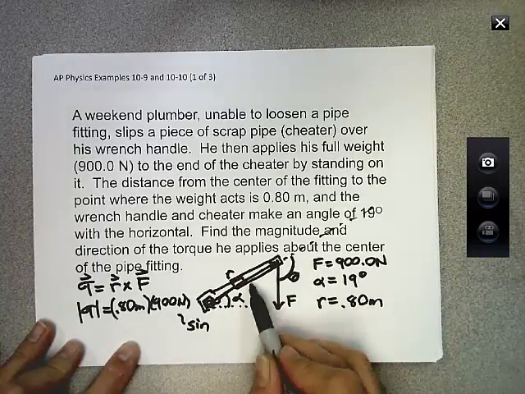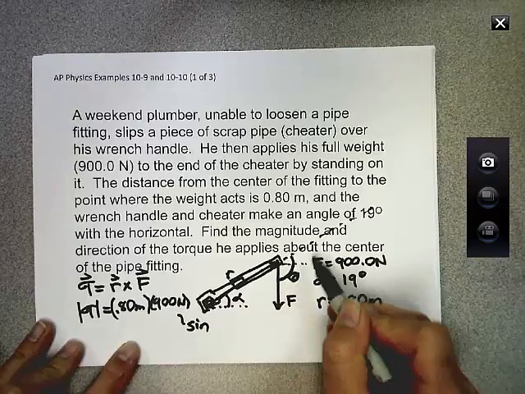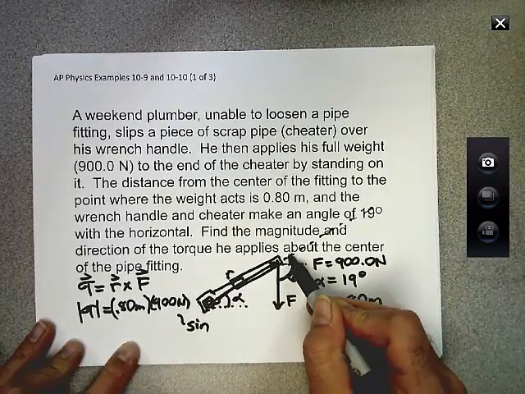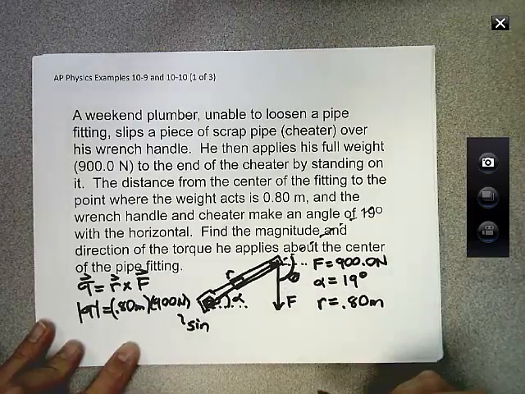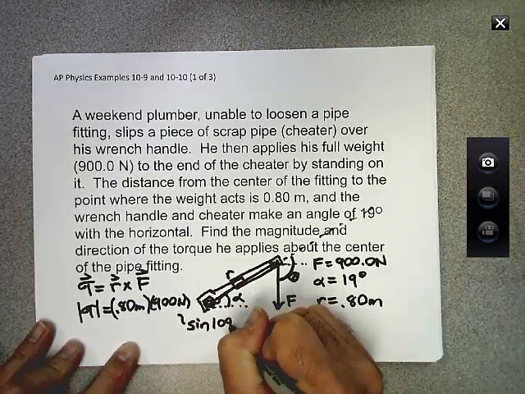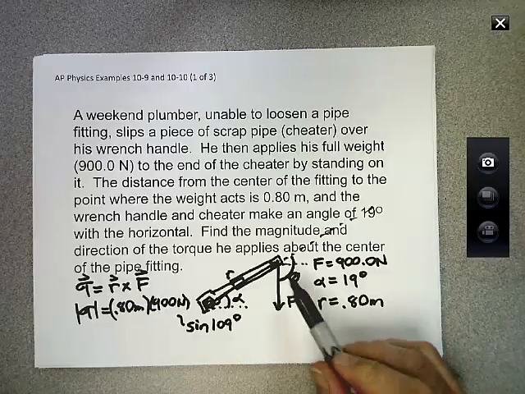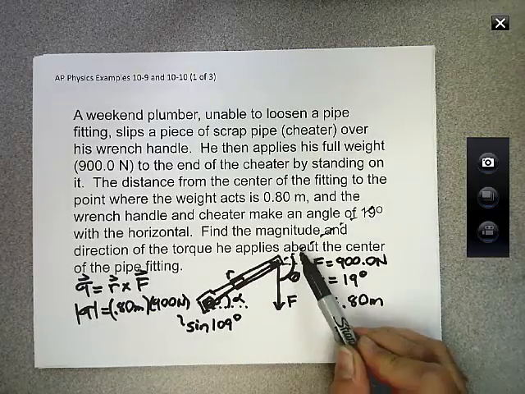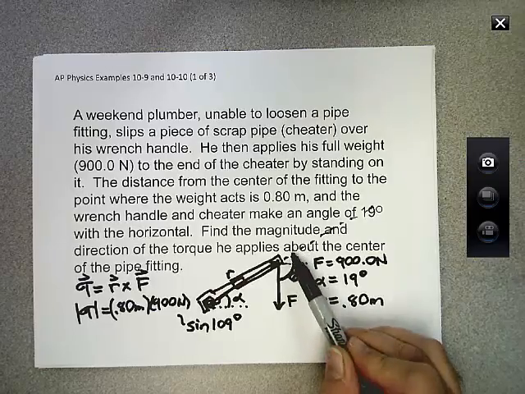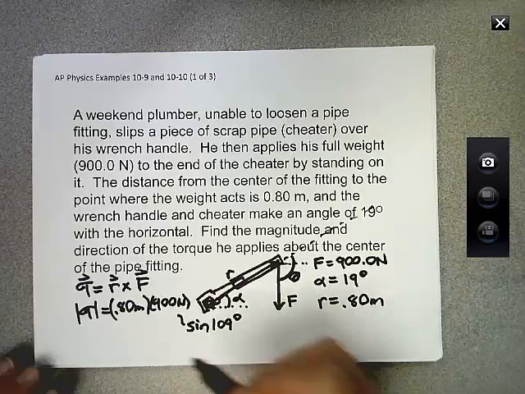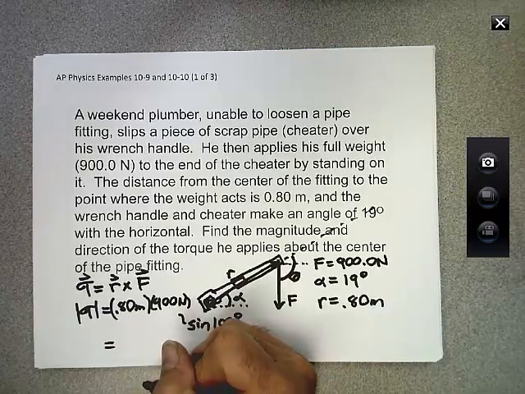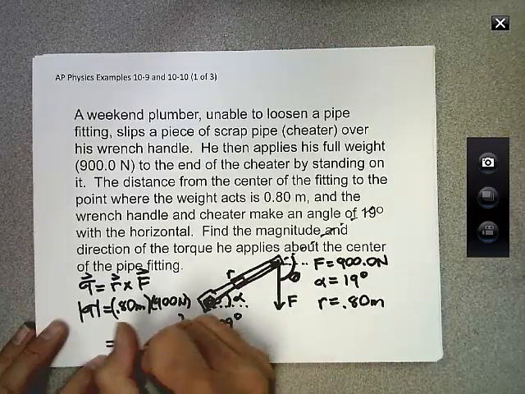Now this angle here is 19 degrees. So this angle is 19, this is 90, and this angle here is a total of 109 degrees. So it's important to get the angle between the direction of R and the direction of F. In this case, it's not 19 degrees, but 109. So if we perform the calculation, the answer is 680 newton meters.